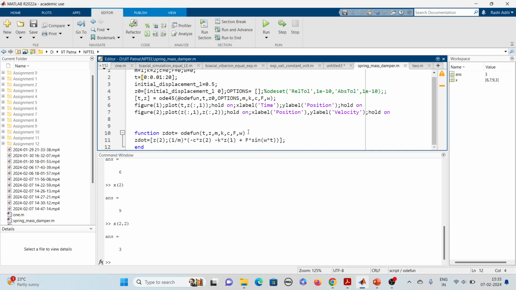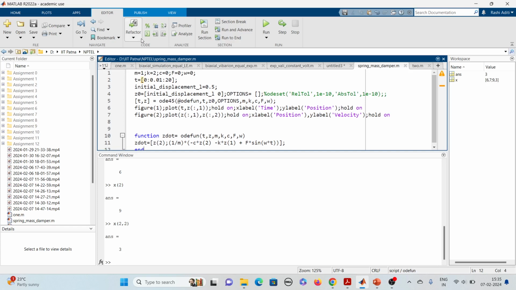Secondly, I wouldn't have to define these values on the first line of the code, nor in the ODE45 call. I'm calling them because I've defined the function in terms of these variables, not in terms of numeric values. So this is to be taken care of when you are writing code in ODE45. So this fifth line of the code is going to compute.